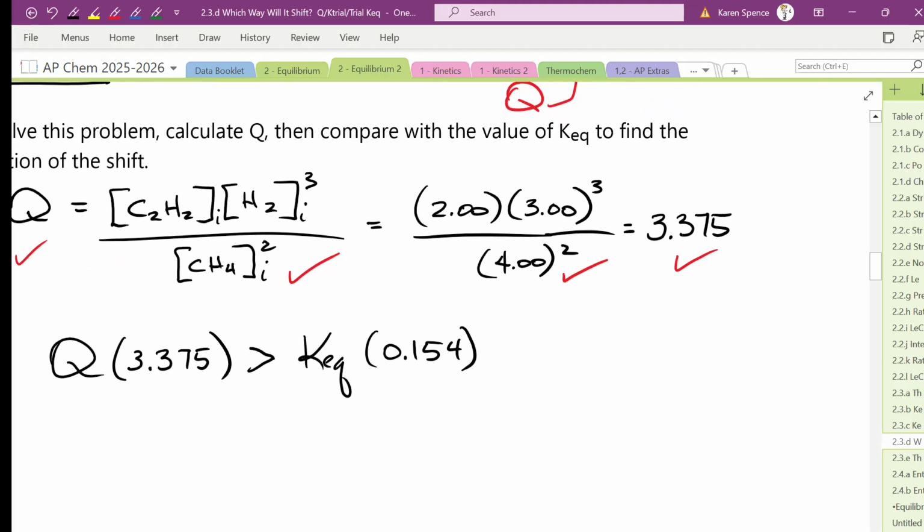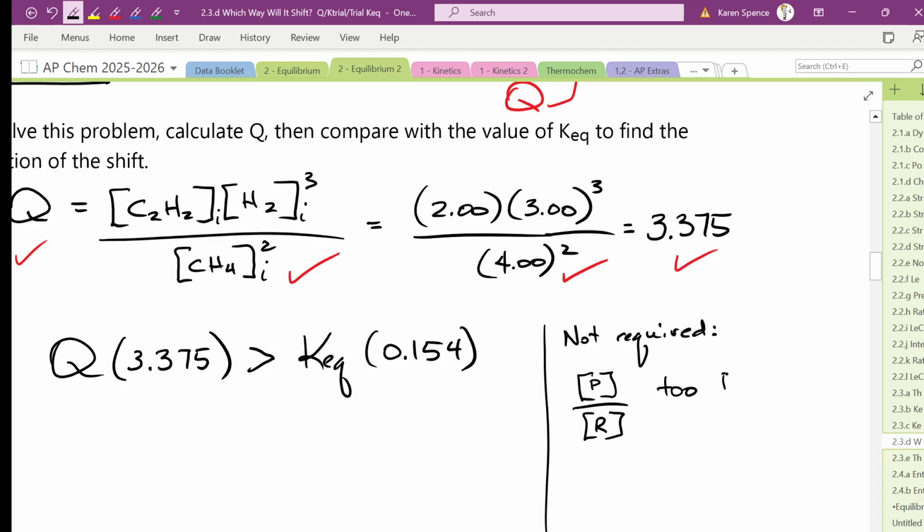And then you do not need to write this part, but I find it just helps my brain because, like I said last day, I don't have that good of working memory, right? So I'm going to be like, okay, products over reactants is too big.